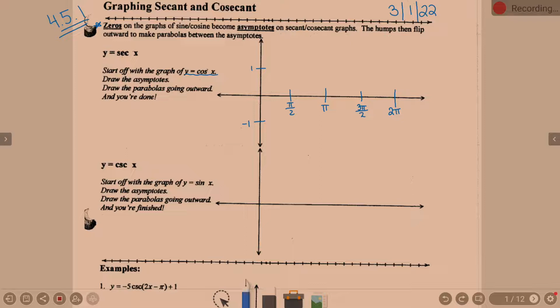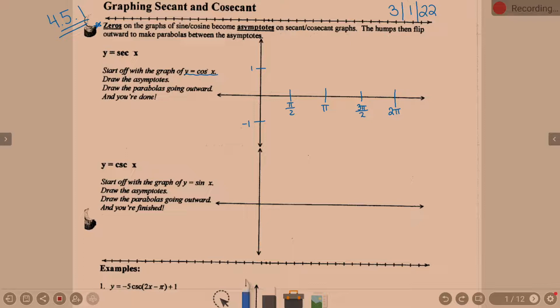Now, I'm going to go ahead and just trace in my cosine curve. This is not a solid line. This is a dotted line because this cosine curve is just setting us up to graph secant. But I need to see it to make sure I get my secant in the right spot.